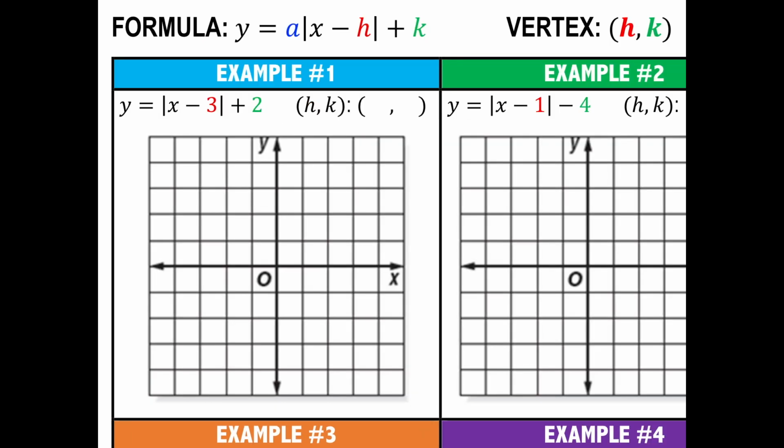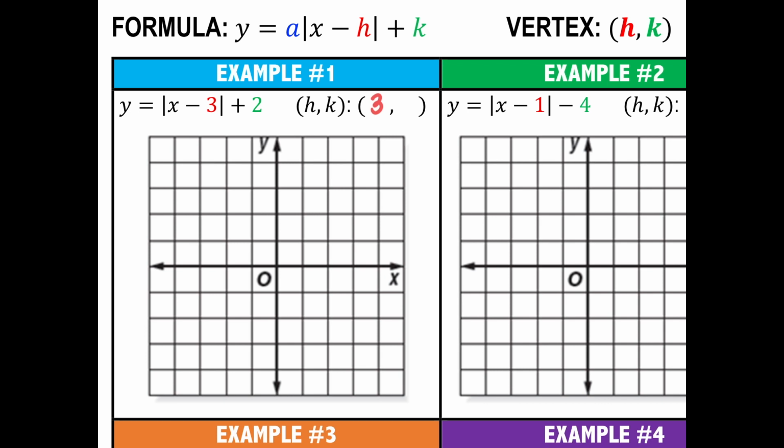Let's start by taking a look at example 1, where we have the equation y equals the absolute value of x minus 3 in the absolute value bars, and then we have a constant outside, plus 2. Because we see inside the absolute value bars we're subtracting 3, but our formula for absolute value functions has a minus sign in it, that means our x value for the vertex is positive 3, so that way we still see the subtraction sign in our equation.